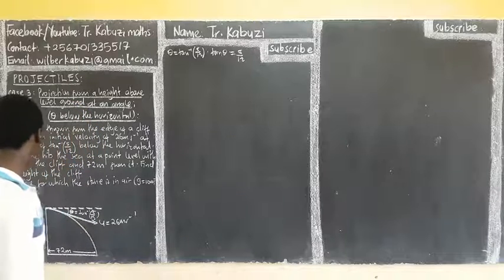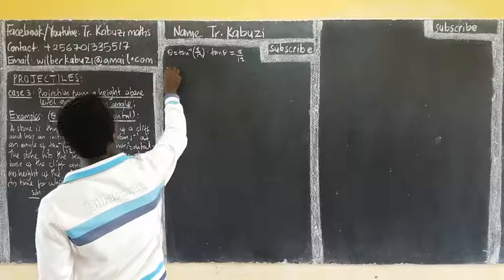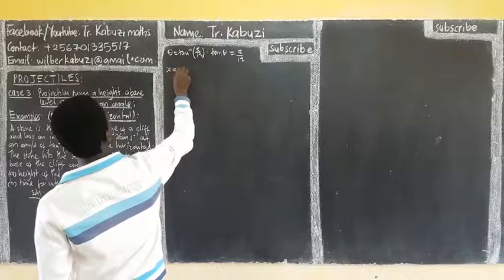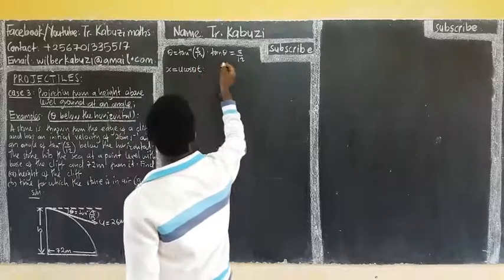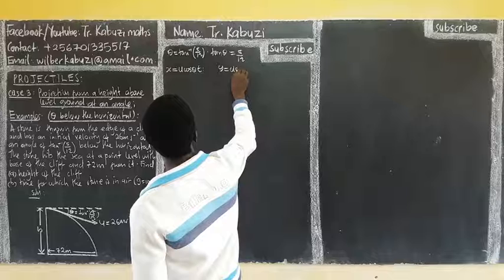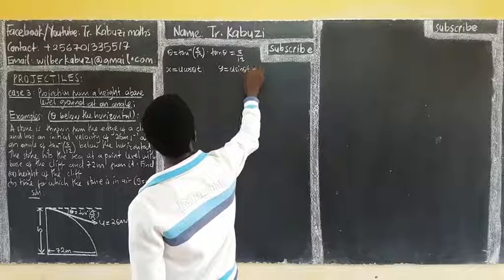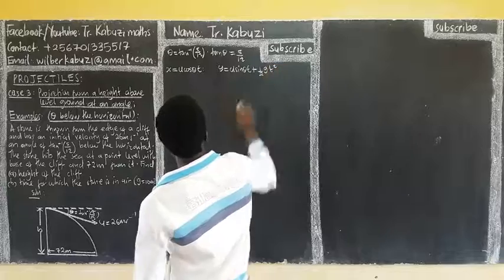After that, if they want us to get the height, they are not giving us anything like time. So what are we going to do there? Remember from our first equation, x will be equal to u cos theta t, and then our y is going to be equal to u sin theta t, plus a half g t squared.